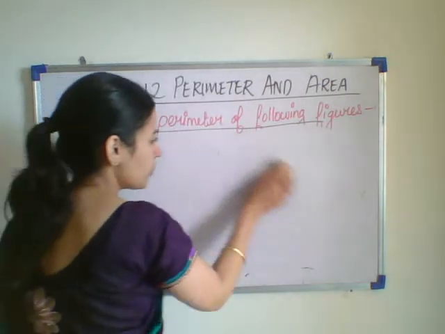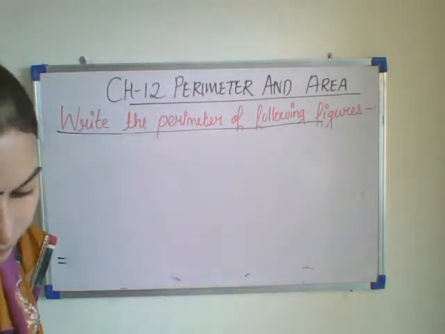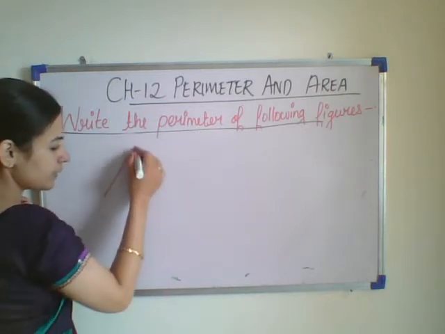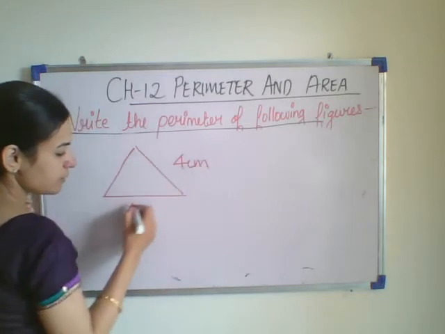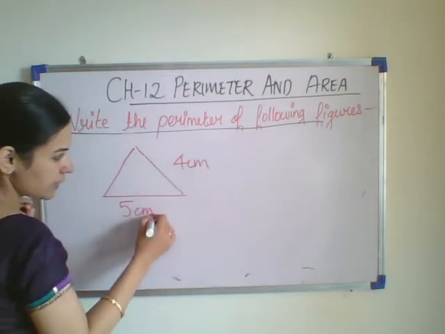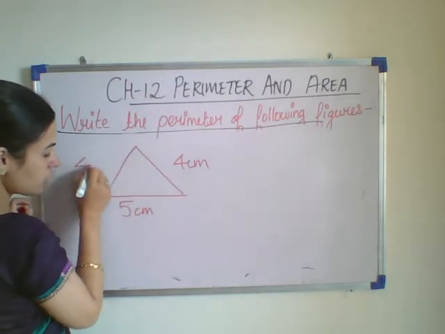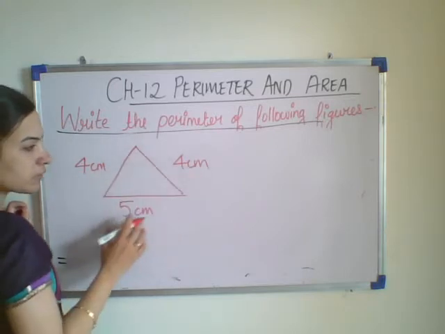Let us take one more example so that it would be clear for you. Here I have drawn a triangle. Its one side is 4 centimeter, 5 centimeter, and this also I am writing 4 centimeter. So what will be the perimeter of this triangle?